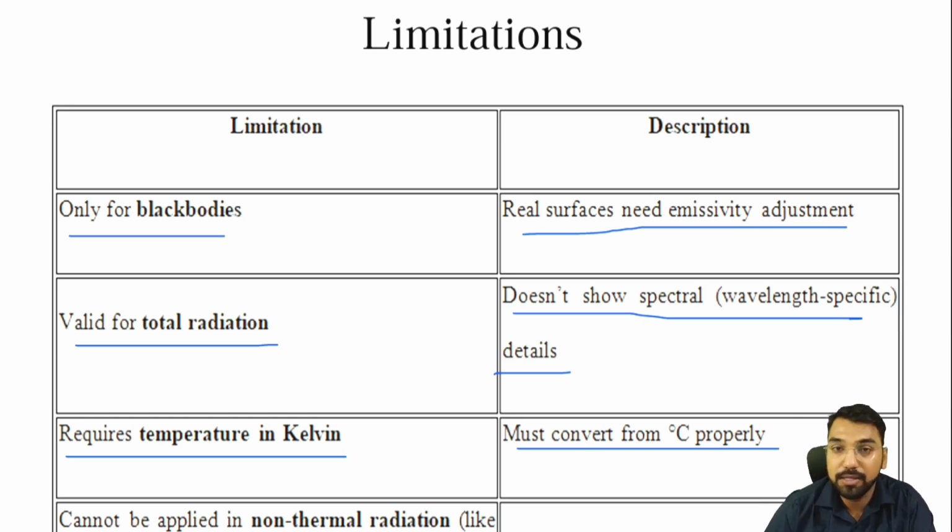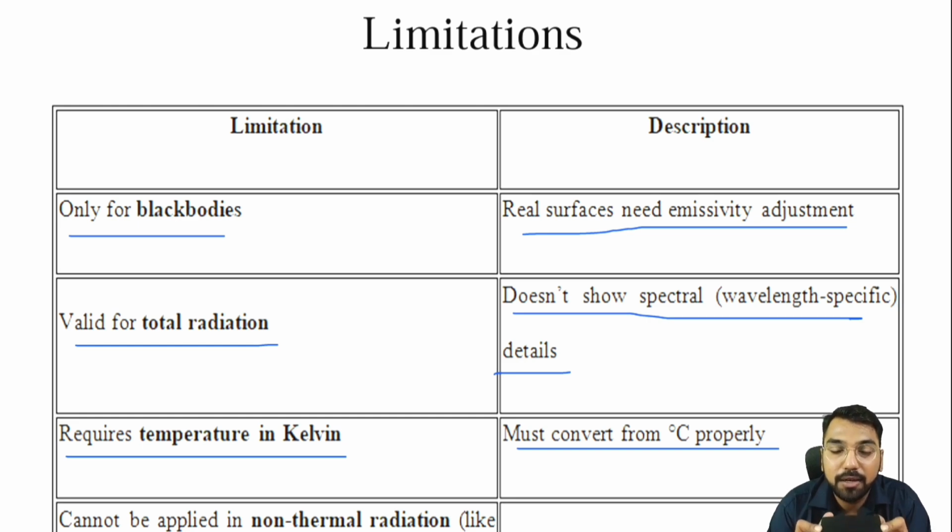Likewise, in the first lecture I said that heat transfer is only possible when there is a temperature difference. So if there is no temperature, let's say for this metal plate, then it can't emit energy in the form of heat as radiation.